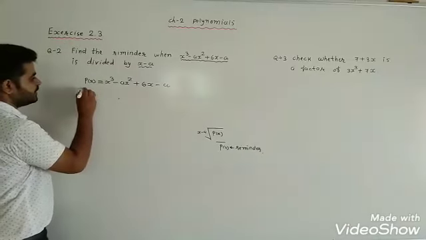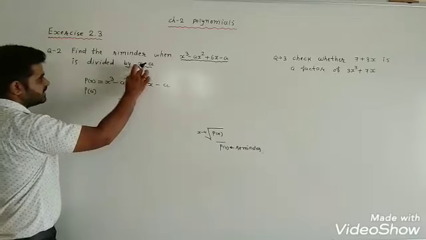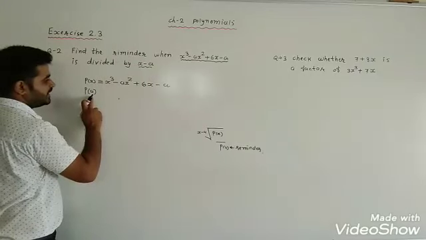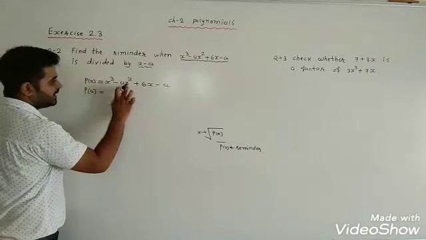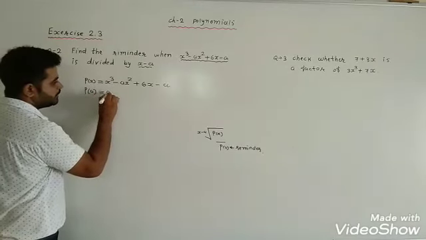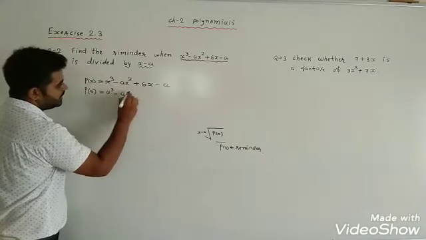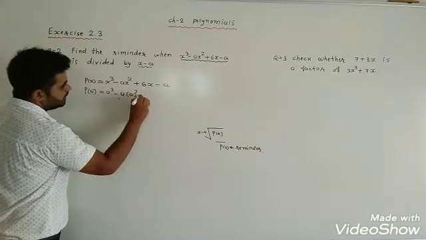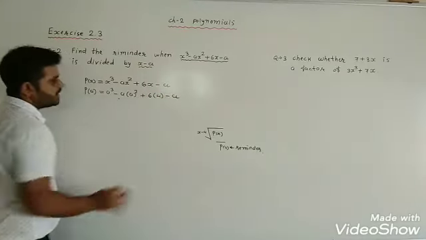So I have to put the value x is equal to a. Here is negative a, so I have to write positive a. So a cube minus a into a square, plus 6 into a, and minus a.